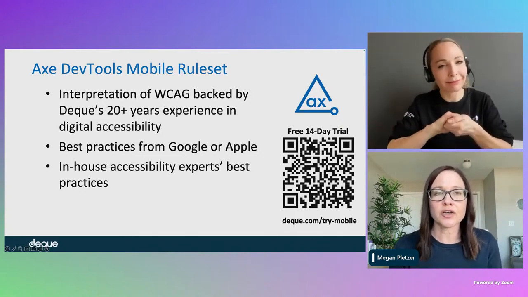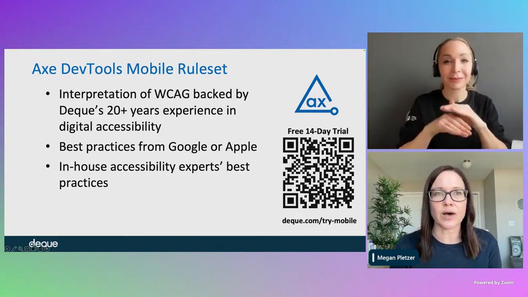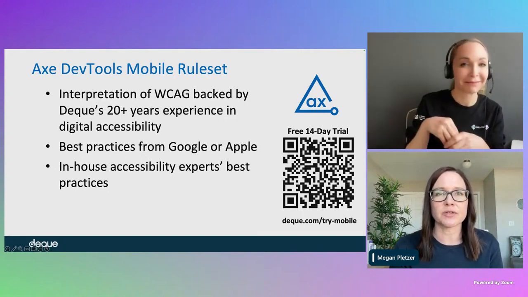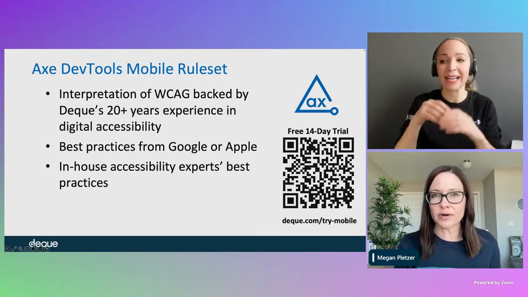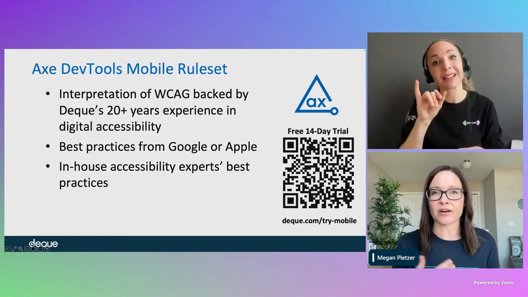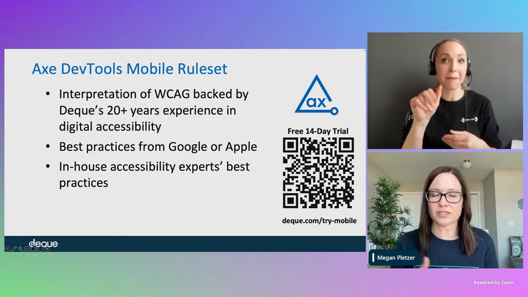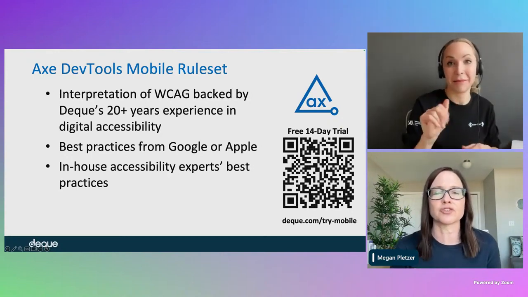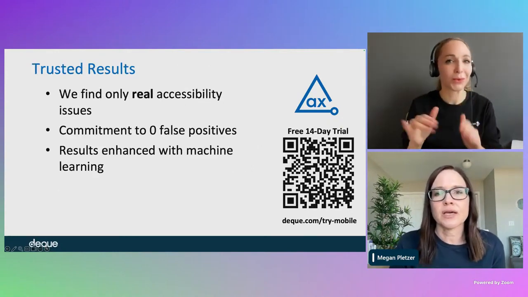We do look at best practices from Google or Apple as well. And then we do include in our rules some of our in-house accessibility experts' best practices. So if you were to give us your app for a manual audit and our accessibility consultants would test for something manually, there's some of those rules that we've included in our tool as well. So what does that mean?